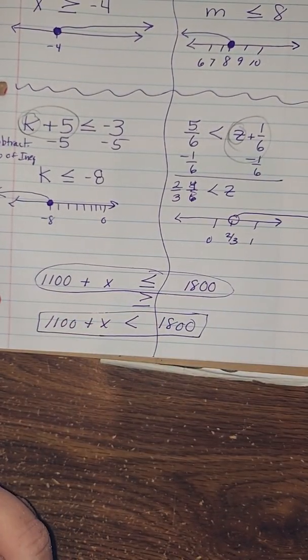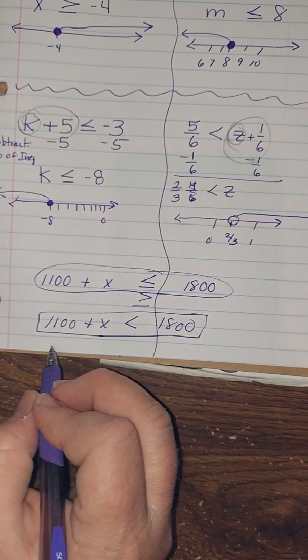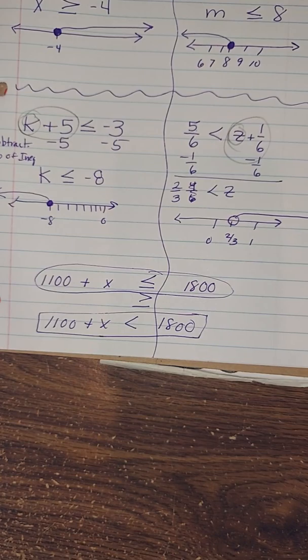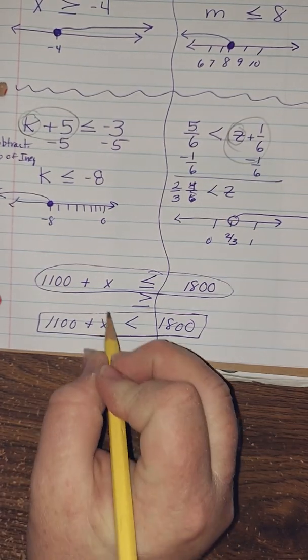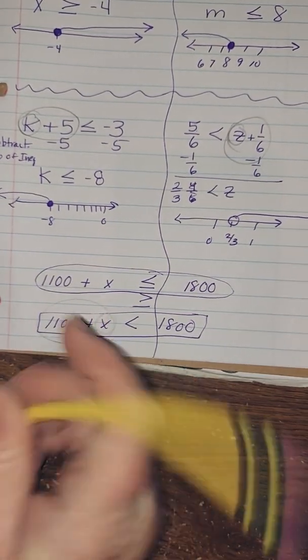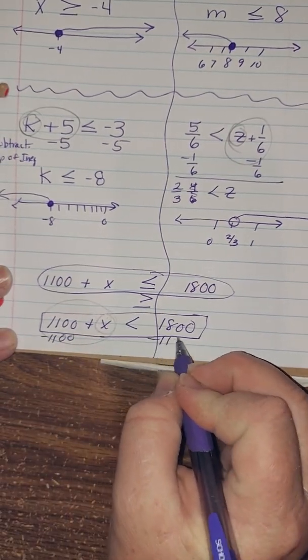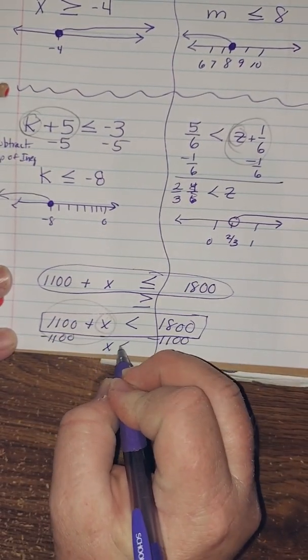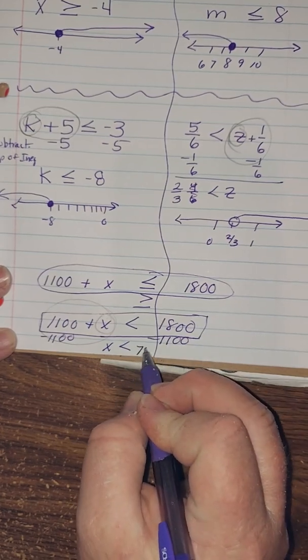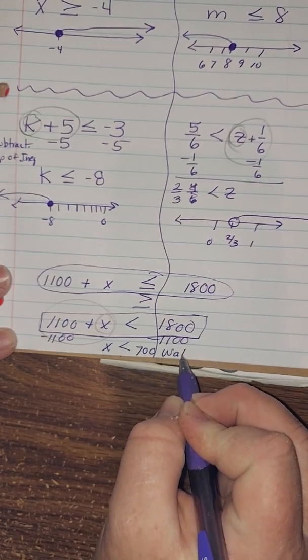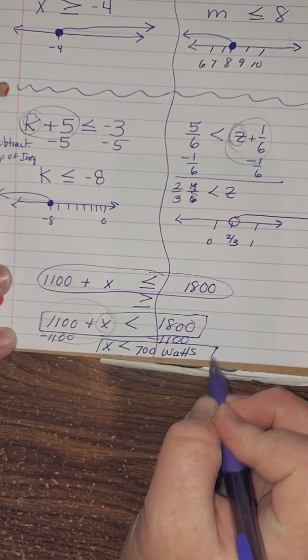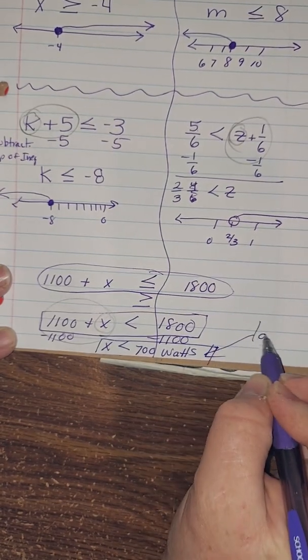So could you figure out what wattage you can still have? Well, sure. How do I solve for X? Well, that's easy. Just subtract 1,100 from each side. So your appliance has to be less than 700 watts. And don't forget to go back and label.